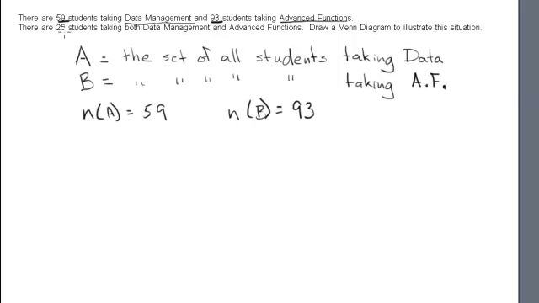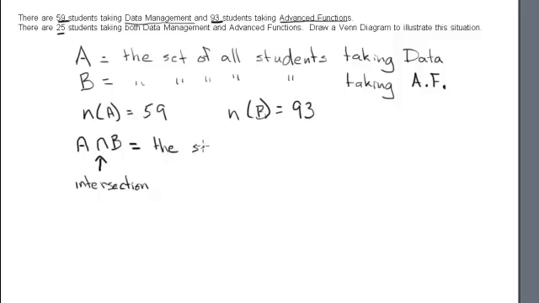We're also told there are 25 students taking both data management and advanced functions. So this is what we call the intersection. This symbol right here means intersection. The intersection is the set of anything that's in both.